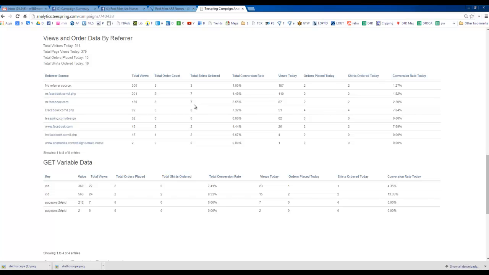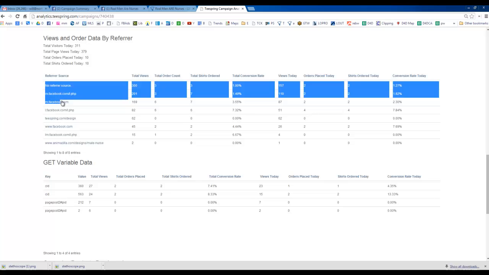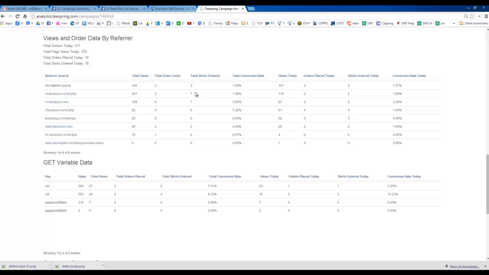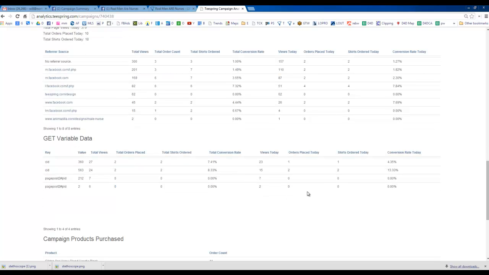Although, I will say, check this out. For mobile, there's a lot to be said right here. The second and third line. Look, seven sales have come from that mobile link, and 7 sales have come from that mobile link. So I think there's a lot to be said for mobile devices, and making sure that you're optimizing your campaigns for them.